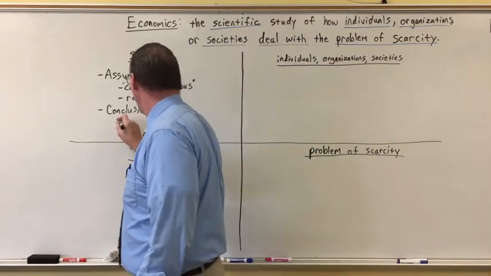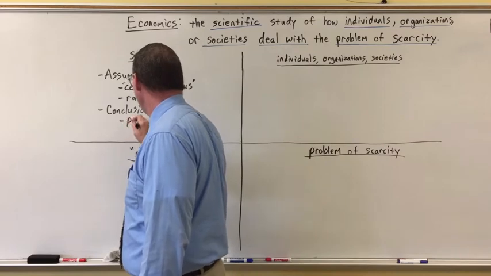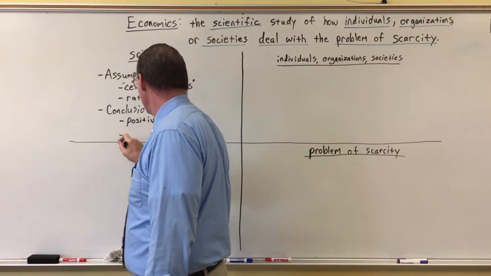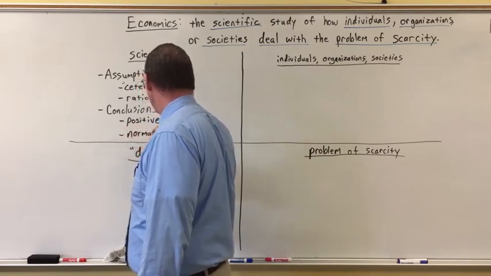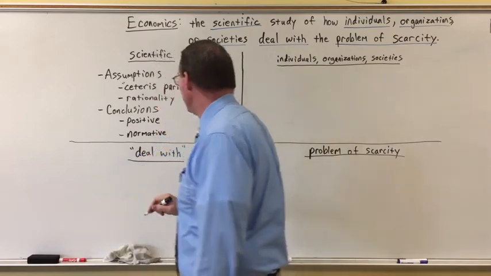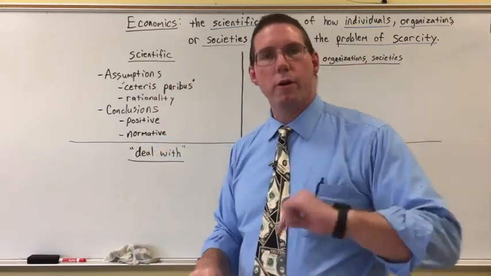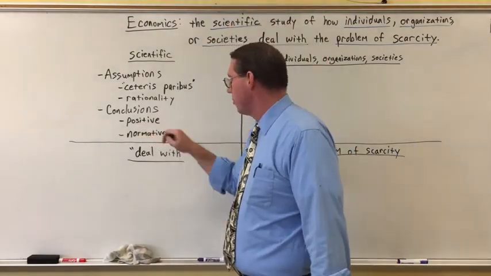We can come to conclusions that are what we call positive conclusions or normative conclusions. And what we're going to try and focus on in this class is primarily positive conclusions, not normative conclusions.